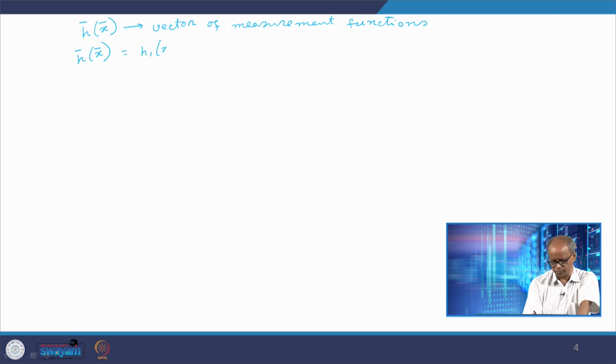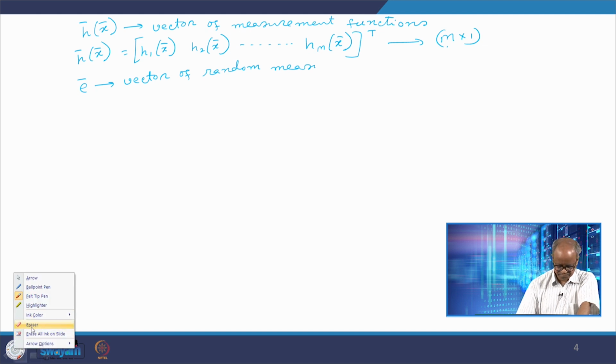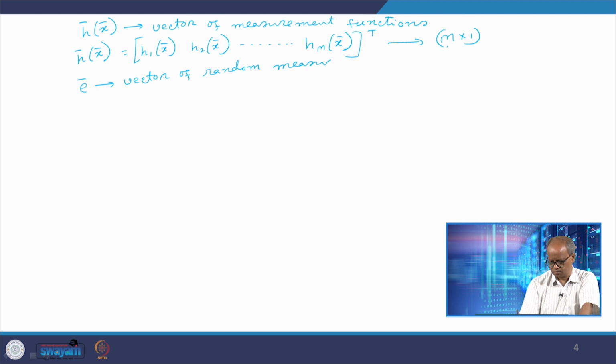So, these are h1 of x bar, h2 of x bar, dot dot dot hm of x bar, transpose. And what is this vector e? Vector e is also m cross 1. It is the vector of random measurement errors, and this e is given by e1, e2 to em transpose.